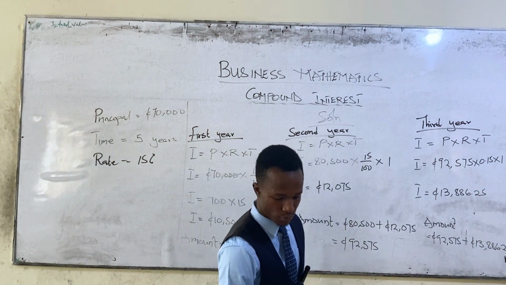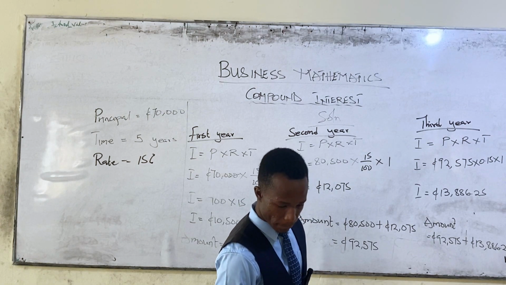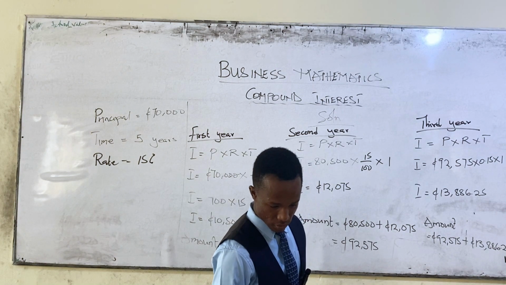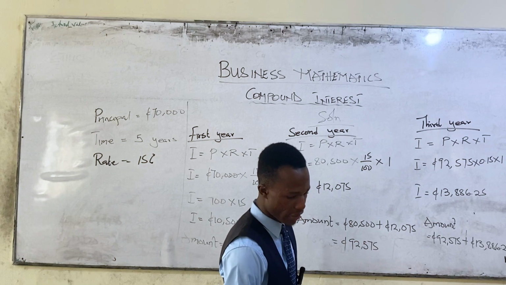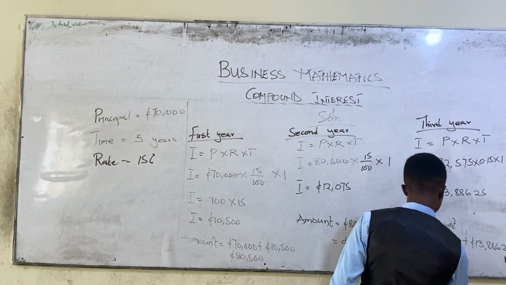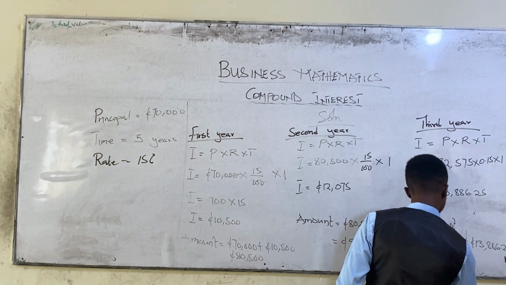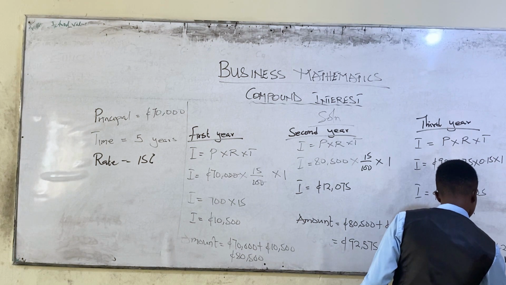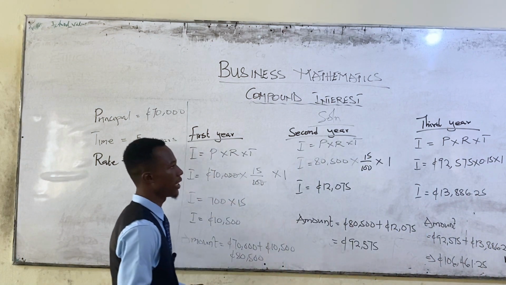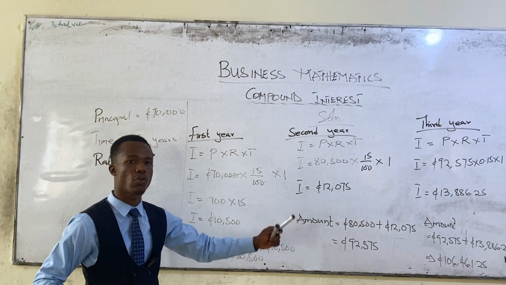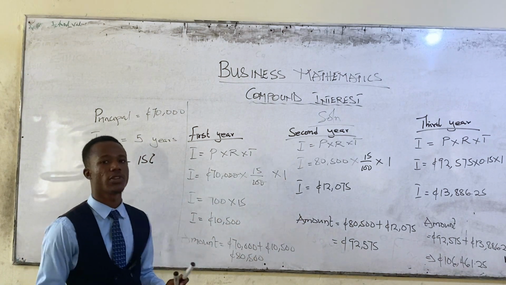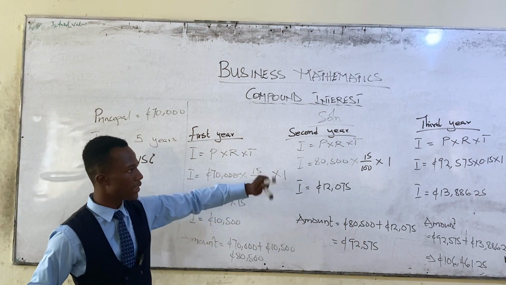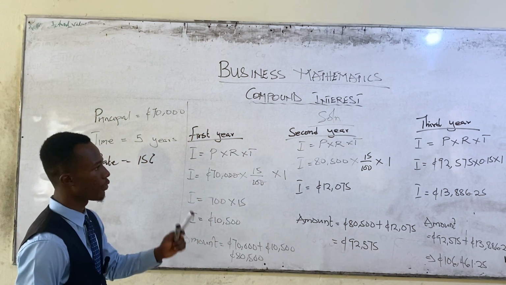When you add the two, you are going to get 106,461.25. This is your amount after the third year. This amount will serve as the principal for the fourth year. Then after getting the interest for the fourth year, you add it to the principal to get the principal for the fifth year. So I will end at the third year so that you continue the fourth year and the fifth year.